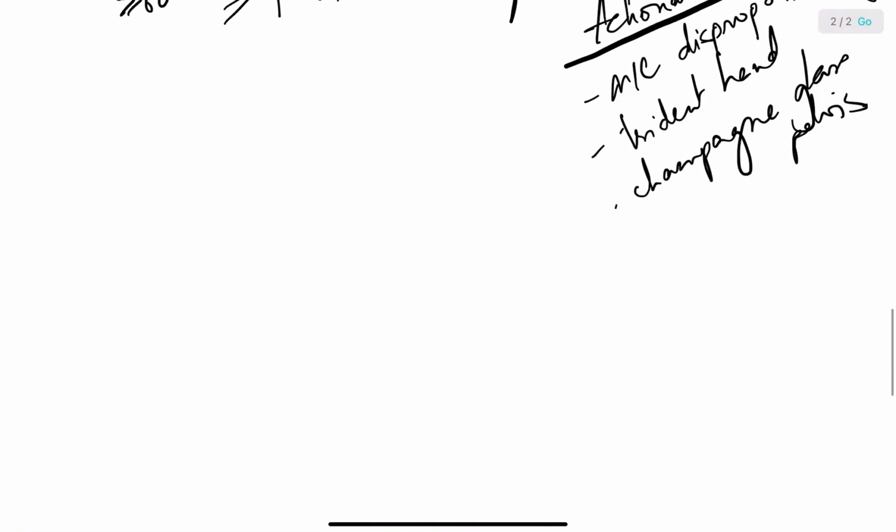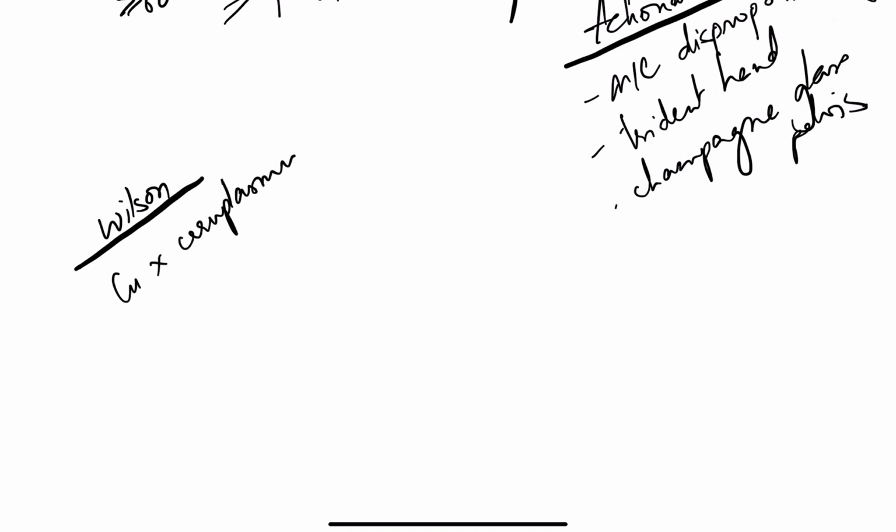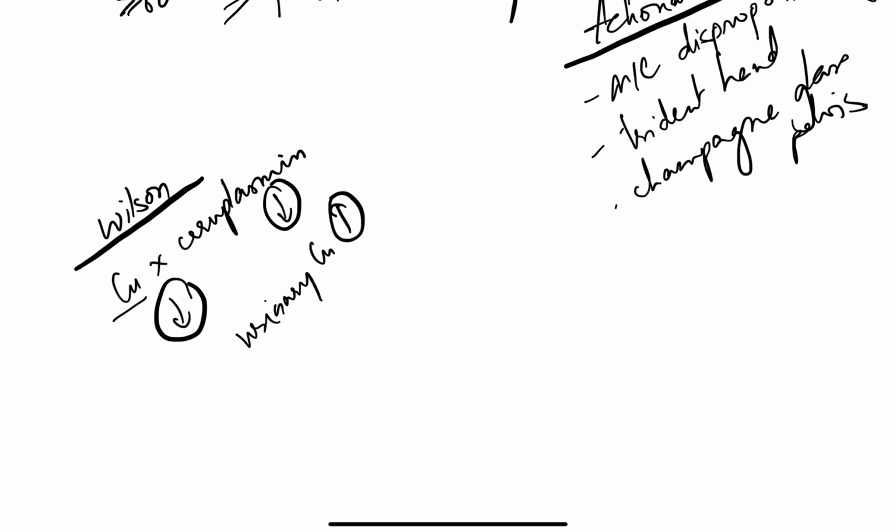Ceruloplasmin is a carrier, so in Wilson's, copper is not going with ceruloplasmin, so the level of copper bound to ceruloplasmin reduces, the level of ceruloplasmin itself also reduces, and urinary copper excretion will increase. All right, so this is going to be one of the screening tests. Along with that, because the free copper concentration increases, copper gets deposited in the brain, in the liver, etc.